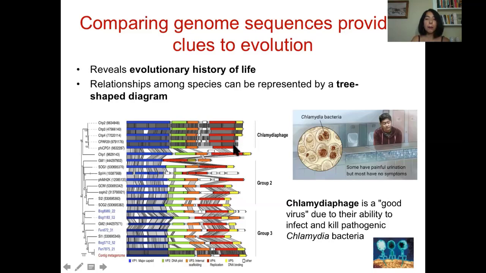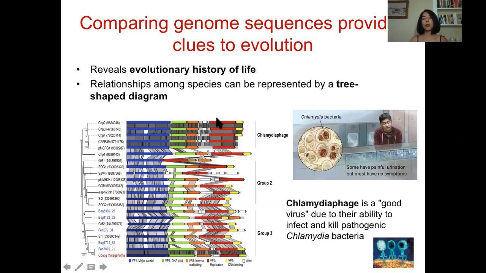And some parts of the genome can also change positions. For example, the red area right here is towards the end, whereas in this species it's after the blue region. So we need to compare full genomes to understand what has happened through evolution.